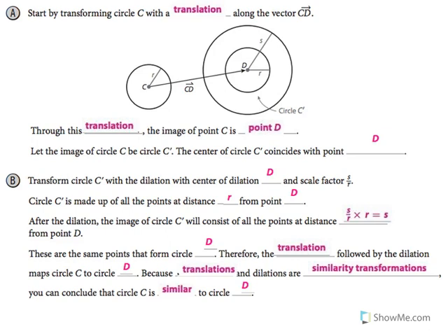Through this translation, the image of circle C has its center at point D. Let the image of circle C be circle C prime.